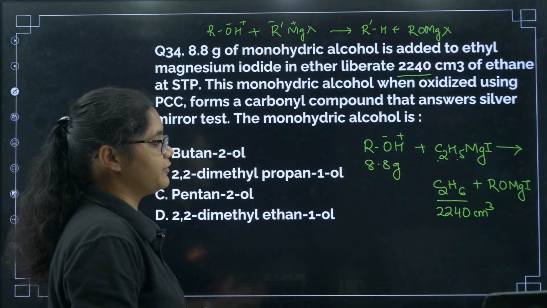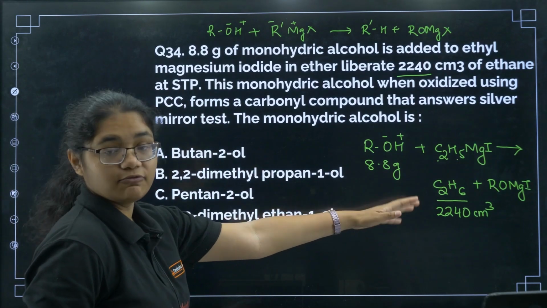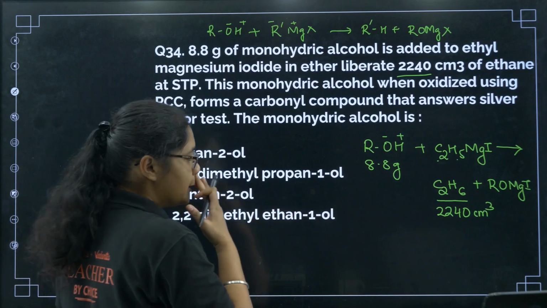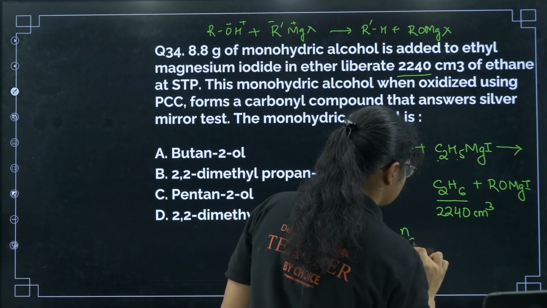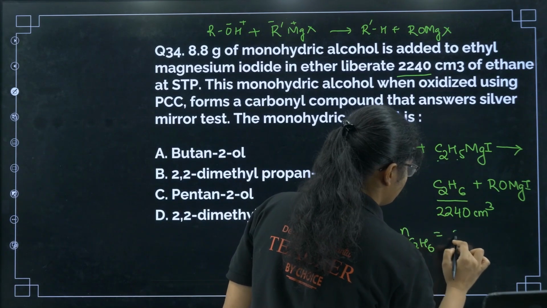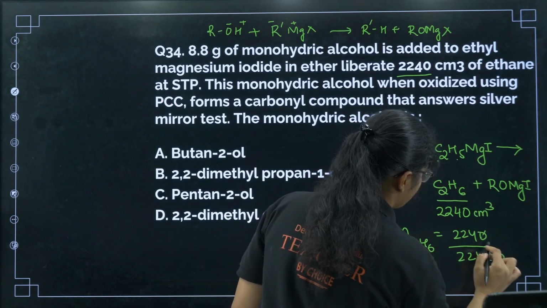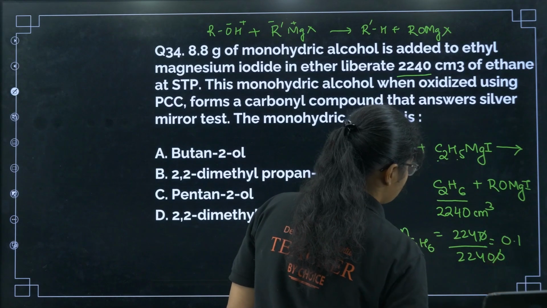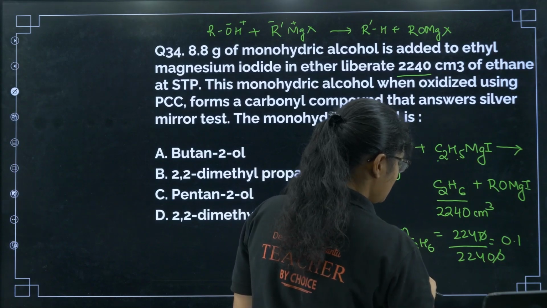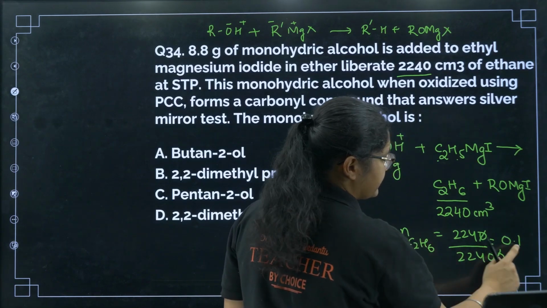I can convert it into number of moles of ethane produced. Given volume by molar volume, so 2240 by 22400, I will have 0.1. Number of moles of ethane is 0.1.